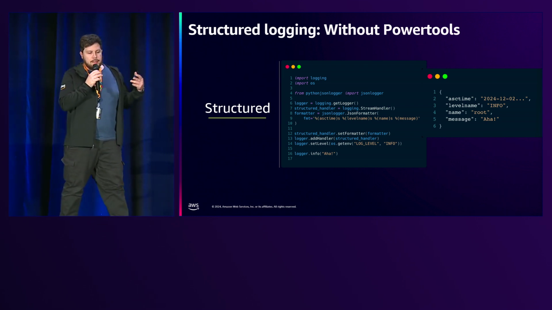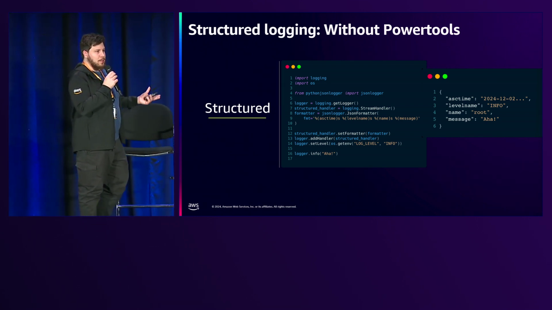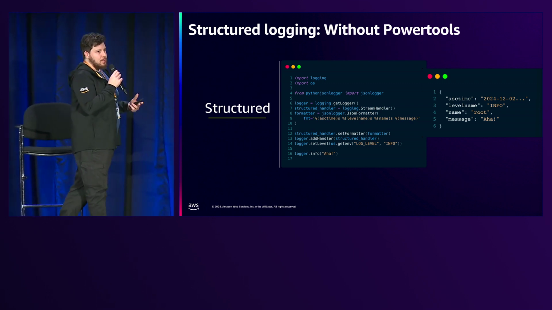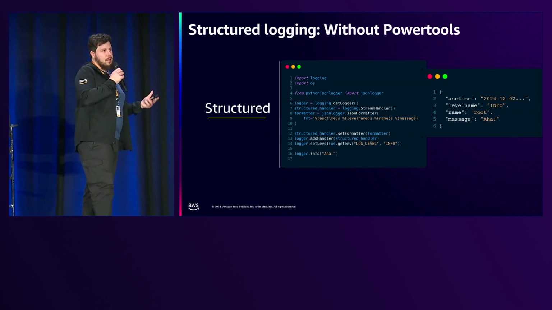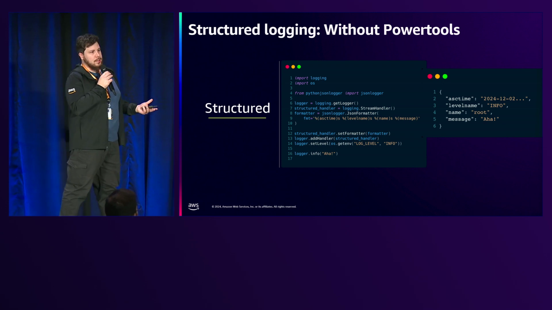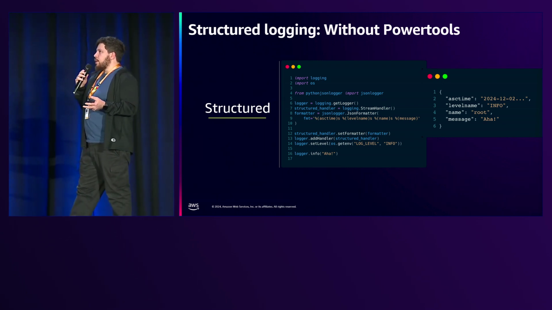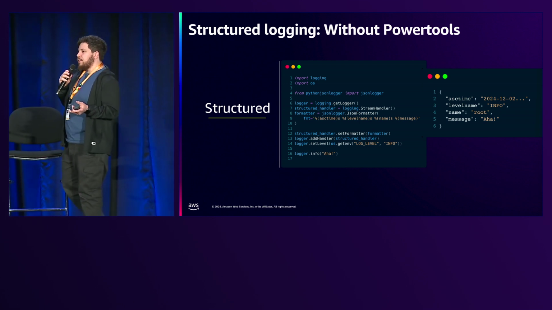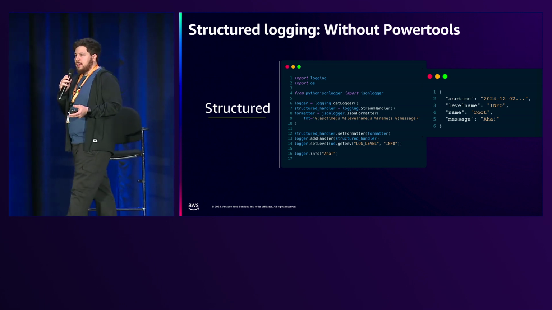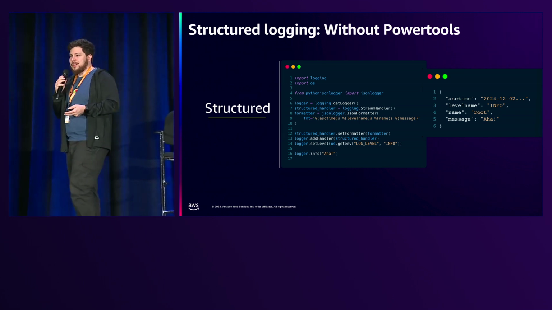Now, if you've been paying attention to the code samples in the slides, you will have noticed that they get more and more complex as I add functionalities. This is usually what at AWS we like to call undifferentiated heavy lifting, but essentially it's a fancy way to say you're adding a lot of boilerplate code to your code base.